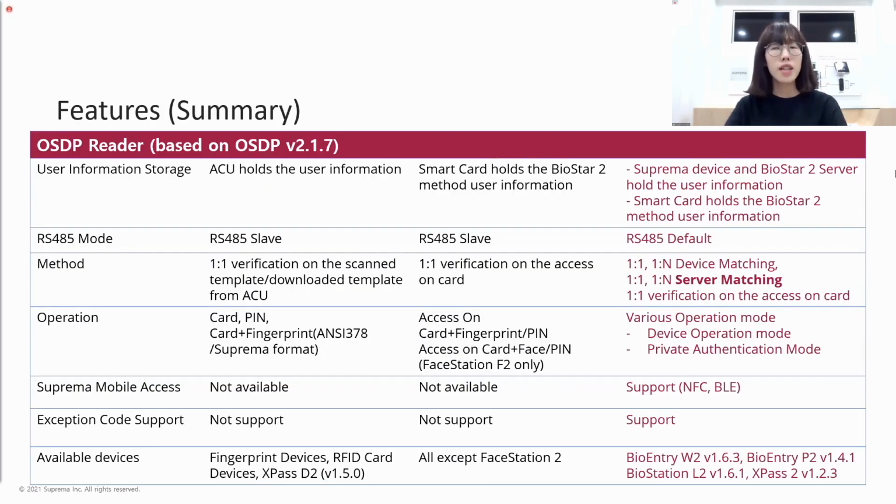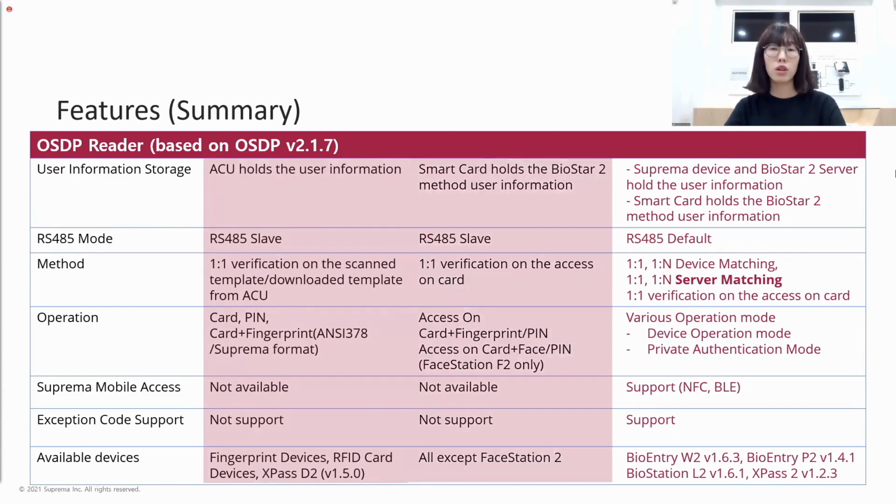It might be a little complicated. To put it simply, let's think of when the device will send the card number via OSDP. The slave reader passes the card number to the access control panel without authenticating from the device.